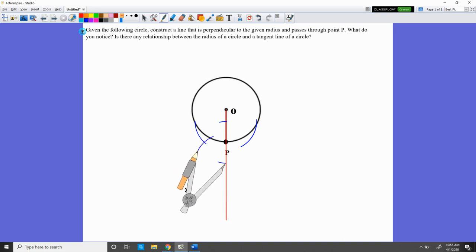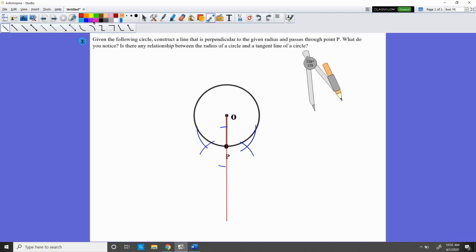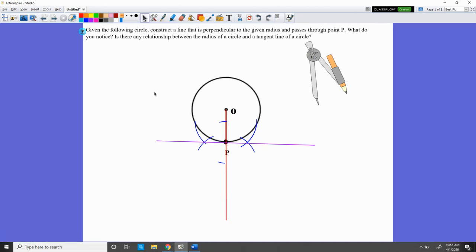So here we have our mark, and here we have another mark. If we remember, connecting these two intersections is how we create our perpendicular line. So let's just create these two points. Here we have our intersection now. And now let's zoom in a little bit.